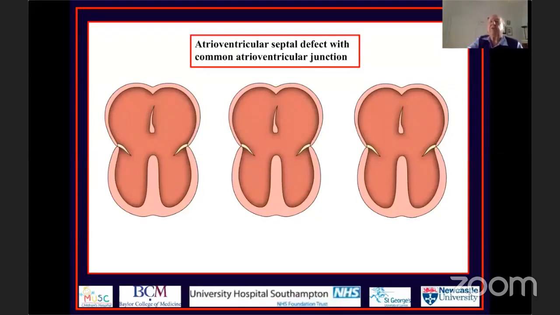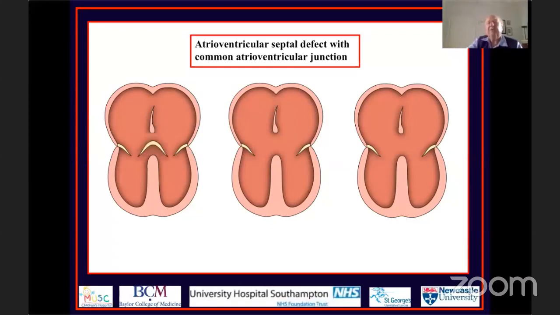Now, I discussed this with you at length when we considered the variations to be found in atrioventricular septal defect with common atrioventricular junction. And I'm showing you here three basic arrangements, all with the same common atrioventricular junction, the same atrioventricular septal defect. And what I showed you in the classroom, considering this lesion, is that the phenotypic variation all depends on the relationship of the bridging leaflets of the common atrioventricular valve.